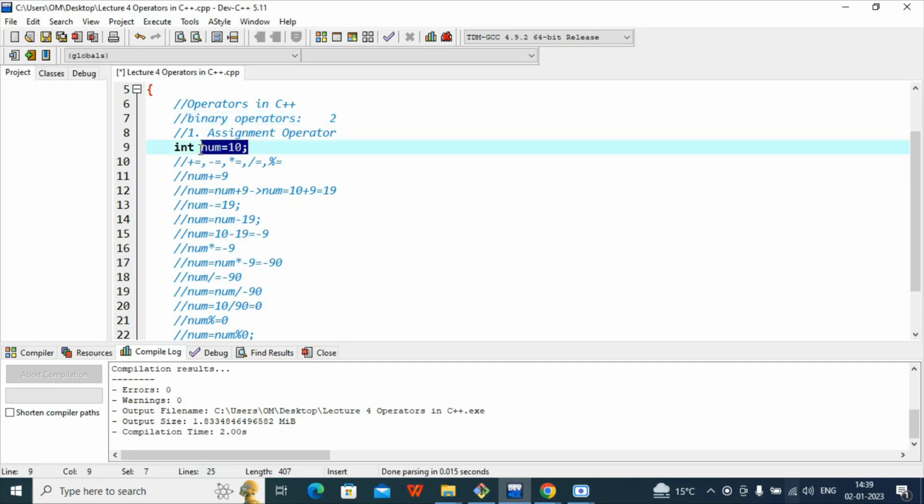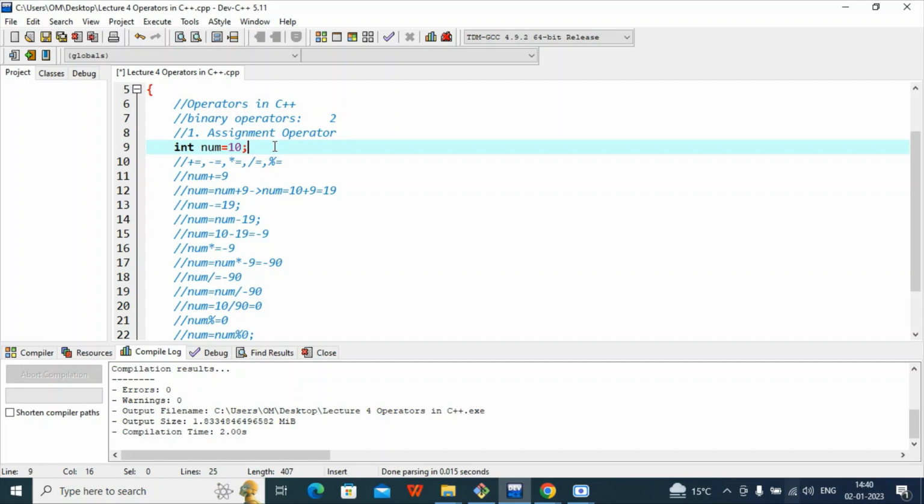One was fixed 10 and another value that you gain from the above operation. So a binary operator always happens between two variables. That's why the assignment operator is a part of binary operators, because for every plus equals to, minus equals to kind of expression, you used two variables.